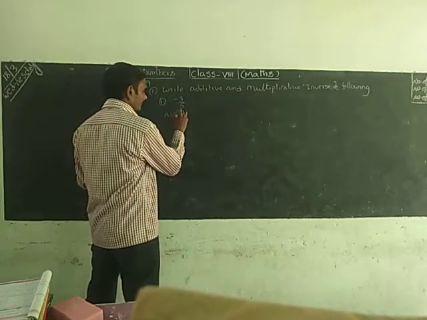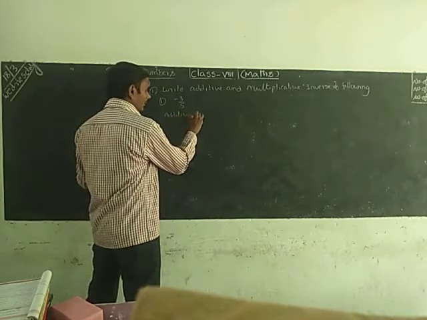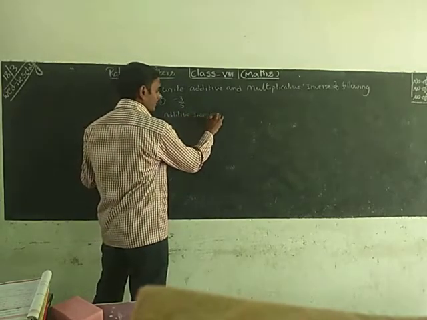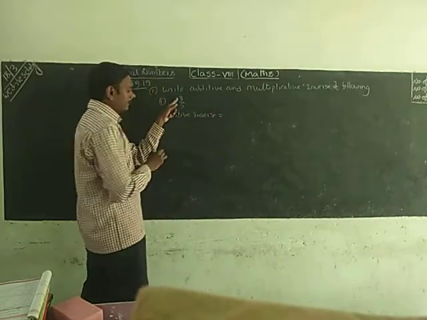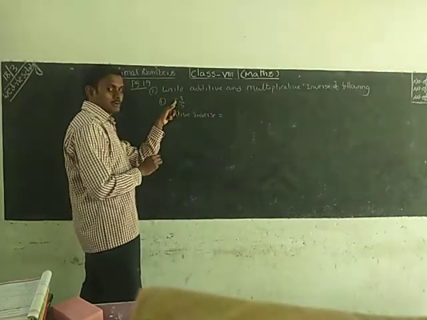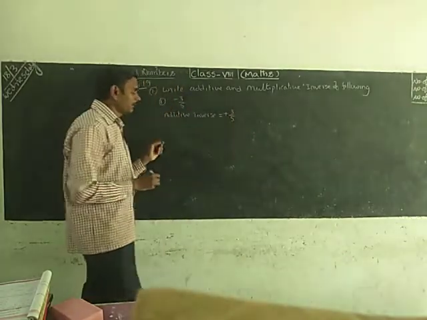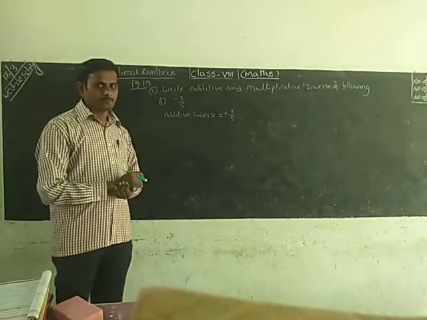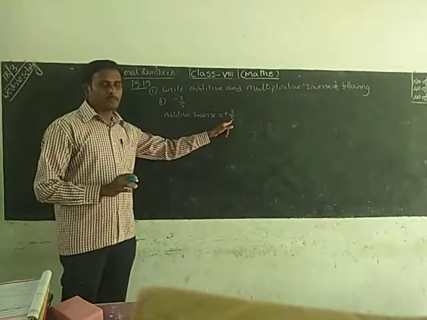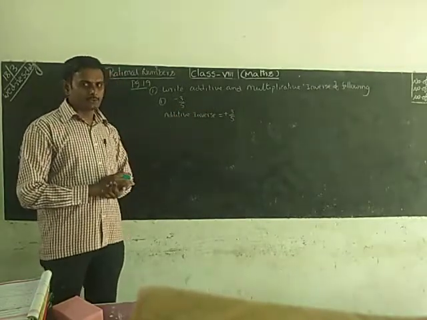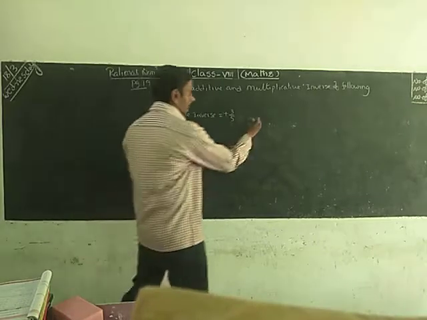Okay, we will write the additive inverse first. Additive inverse of 3 by 5: the sign is opposite, so it is minus 3 by 5. The sum of the two should be 0, then those are called additive inverses. Next, multiplicative inverse.